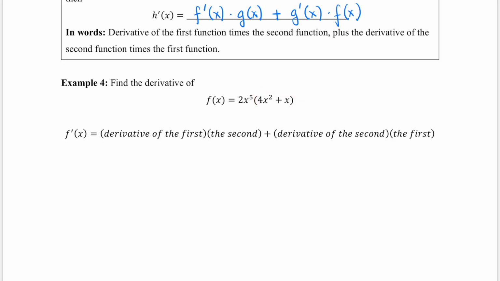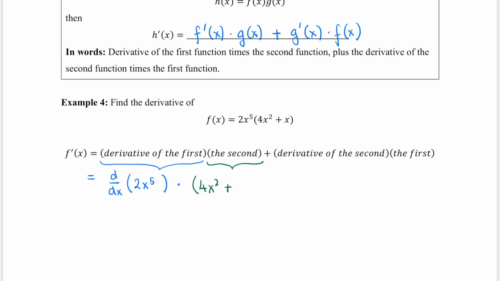So we will apply the product rule. The product rule says we take the derivative of the first times the second function, plus the derivative of the second function times the first.